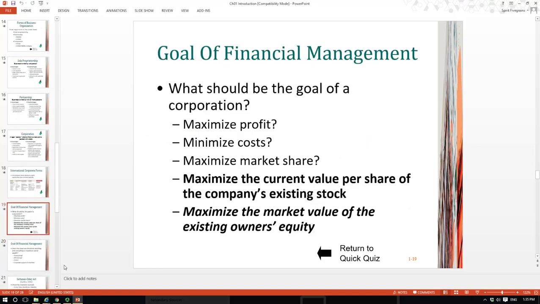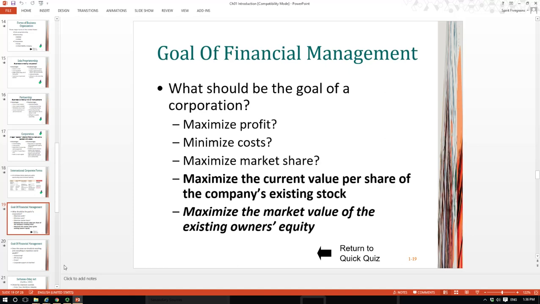Now let's take a look at what a financial manager needs to achieve within a company. Essentially, we are talking about the goal of financial management, and this goal should be consistent with the goal of a corporation or the goal of a firm. Should we focus on maximizing profits? It sounds like a right choice.